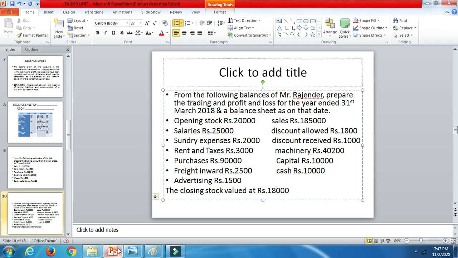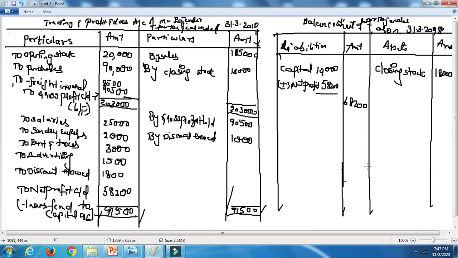Machinery 40,200 and cash 10,000. Total up both the sides, they should be equal. That means whatever you have done is right.